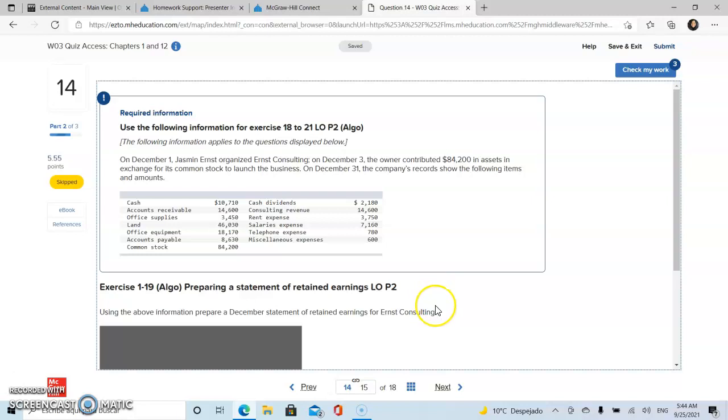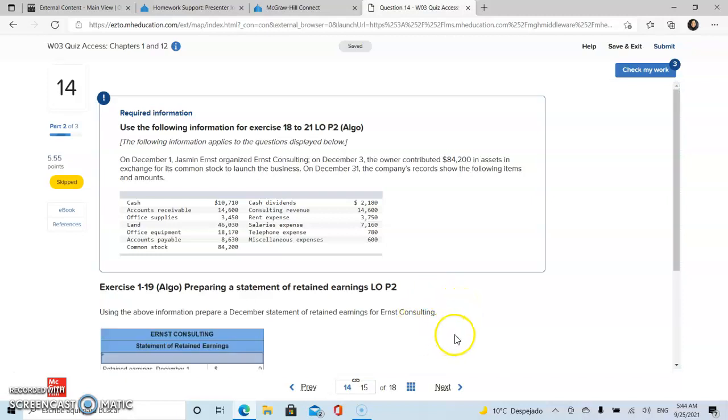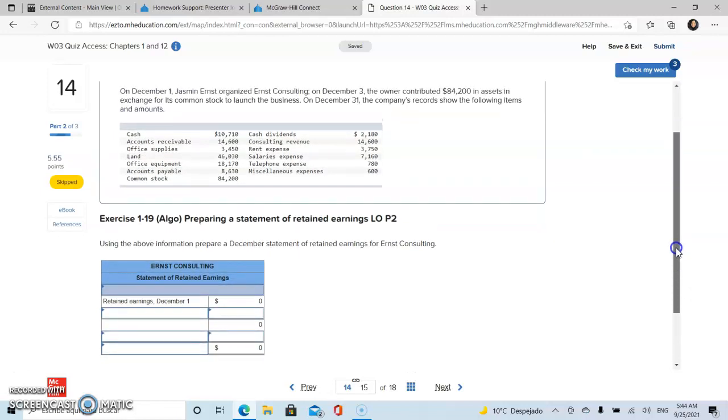So we're gonna go ahead with problem 14. So problem 14, we need to make a statement of retained earnings for the company. So this statement reports how retained earnings change over the reporting period, which in this case will be for the month ending.